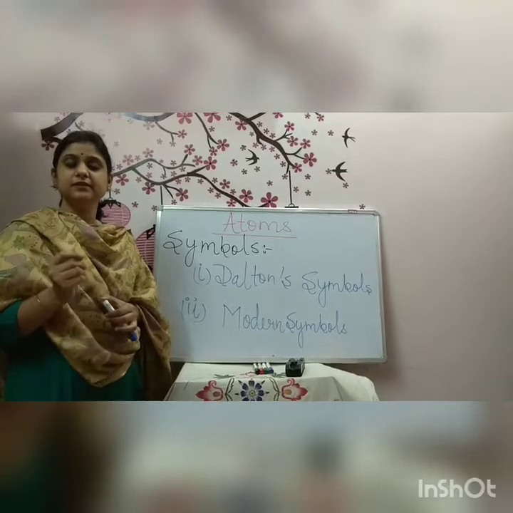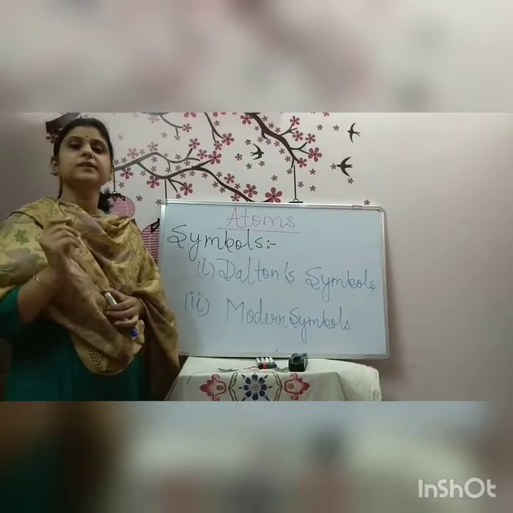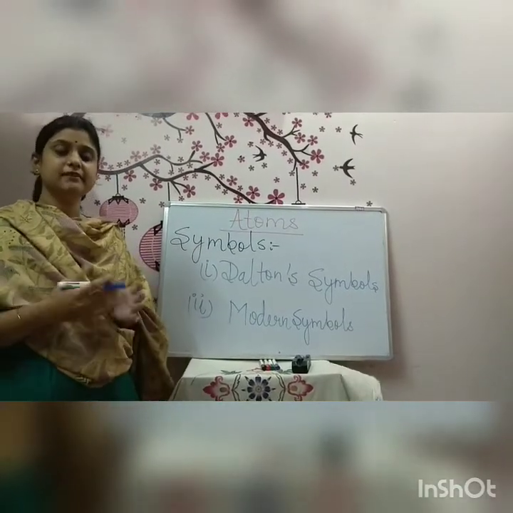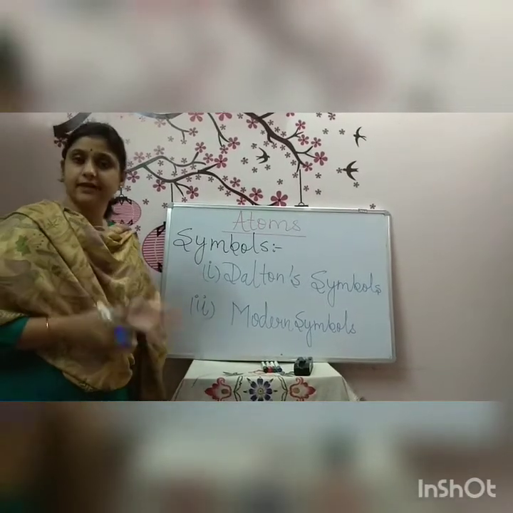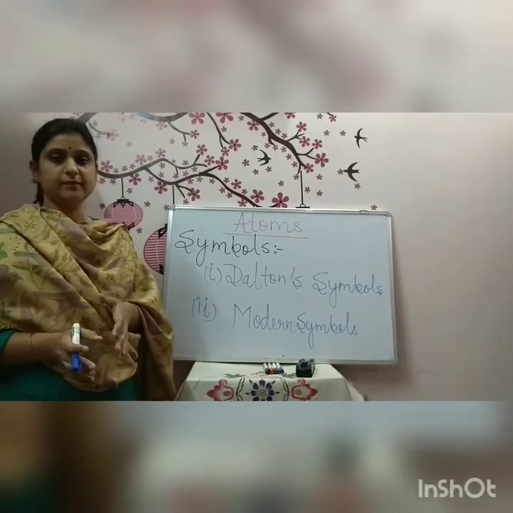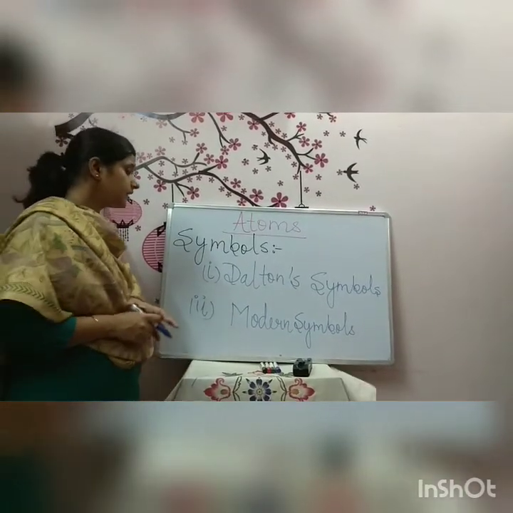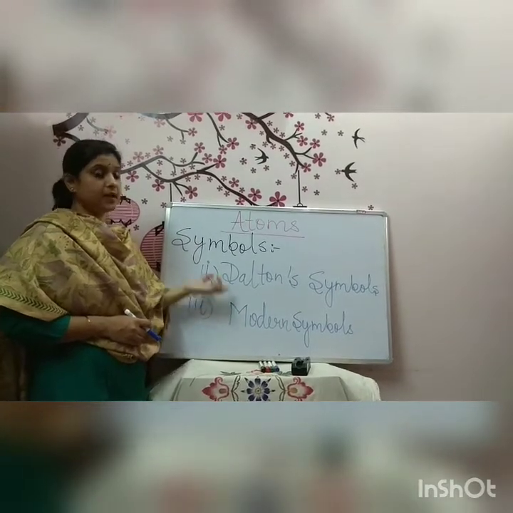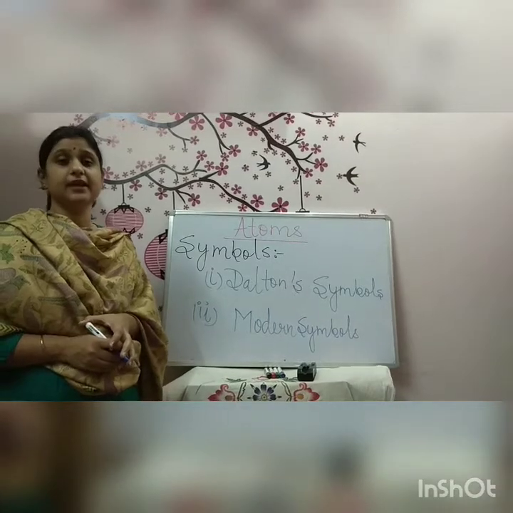Basically, these symbols represent an element as a whole as well as the atoms of an element. So whenever we write any symbol, we can say that this is the symbol of an atom of a particular element, or simply a symbol of an element. Right? The first system of symbols was given by Dalton. He used different symbols to represent different elements.